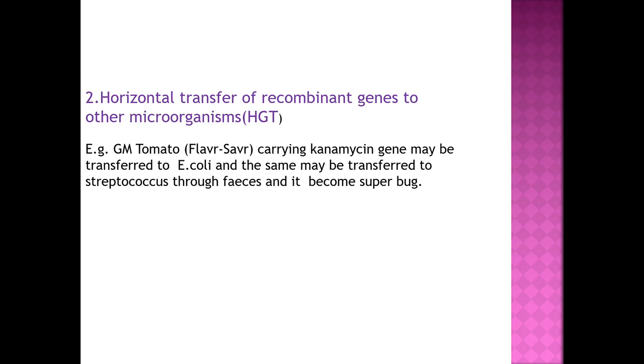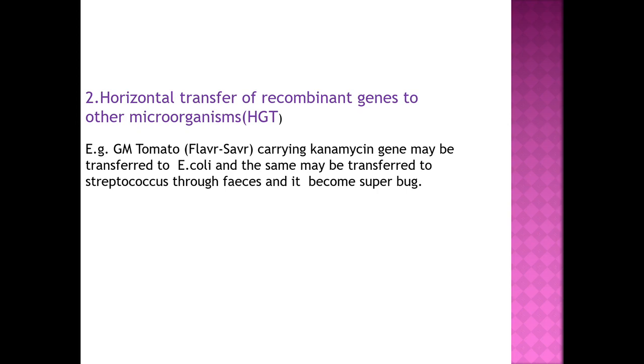So what is the importance of polygalacturonase? Polygalacturonase is an enzyme produced by normal or wild varieties of the tomato, and its function is to dissolve the pectin present in the cell wall of the tomato. Because of this, softening of the fruit occurs and the shelf life of the tomato is reduced.